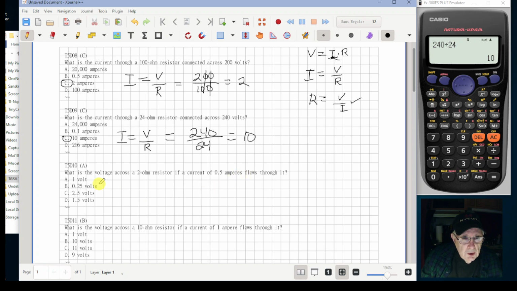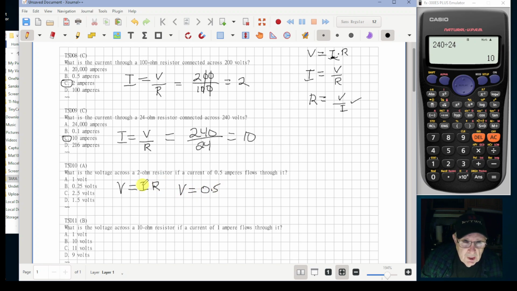All right, so now we want to know voltage. Well, that's the original formula. Voltage is equal to the current times the resistance. So what is the voltage across a 2 ohm resistor? So we have V then is equal to, we have a current of 0.5. That's our current.